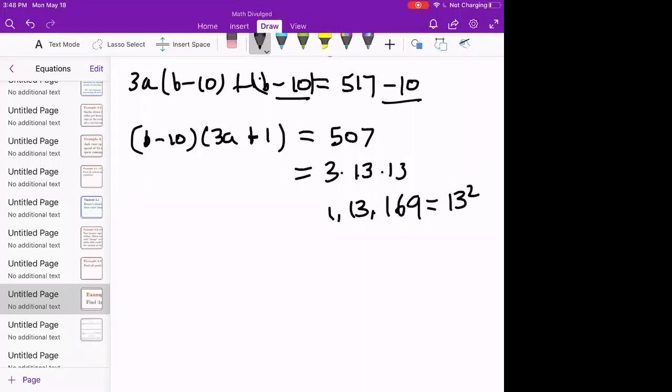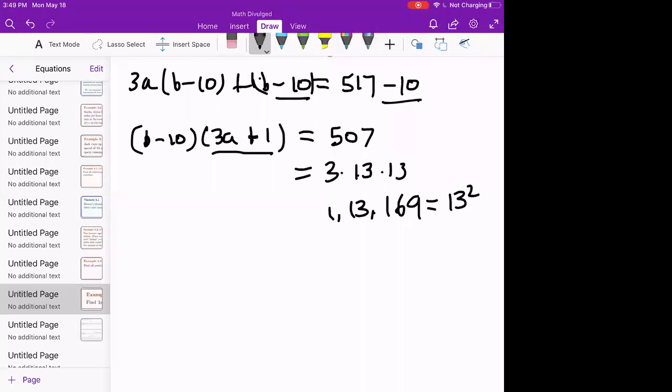And the reason this is important is because this term right here, 3a plus 1, can never be a multiple of 3. When we have 3 times a, that makes the number a multiple of 3. And when you add 1 to a multiple of 3, it is no longer a multiple of 3, no matter what a is. You can try this with any value of a, that is an integer. And our values have to be integers because remember that a is equal to x squared.